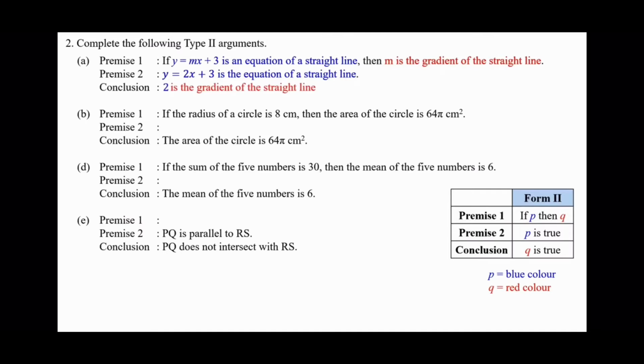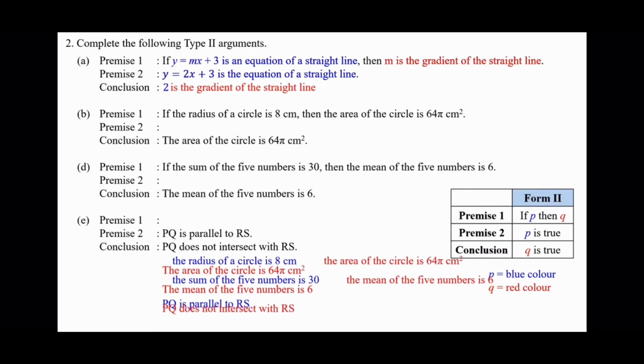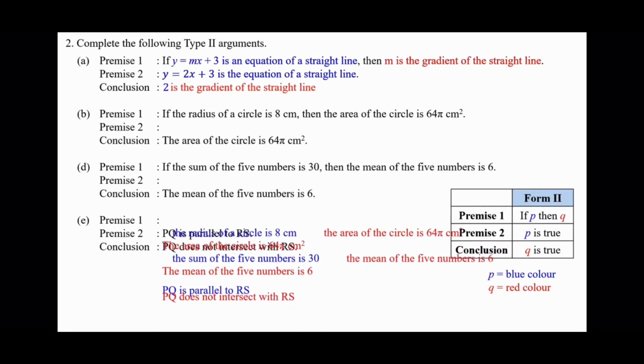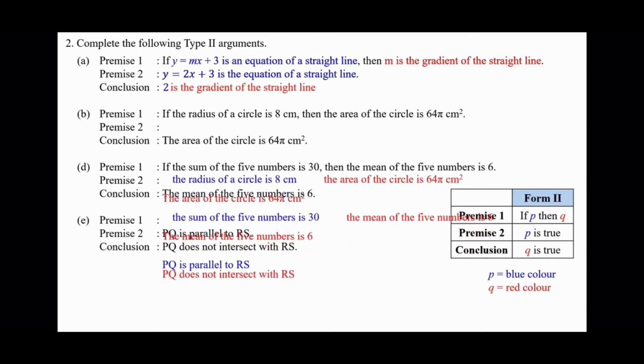Let's have a look at B. We always start with the if, and then for P we use blue color. If the radius of a circle is 8 cm, then the area of the circle is 64 pi cm square. Now you can use the highlighter. You highlight in blue for the P statement and in red for the Q statement so that you won't get confused.